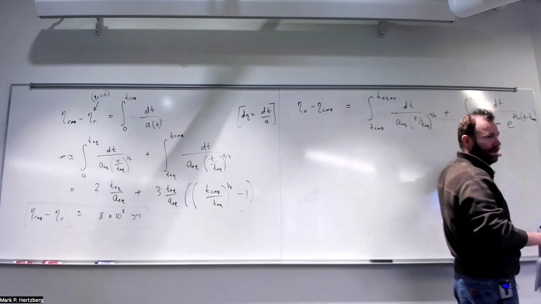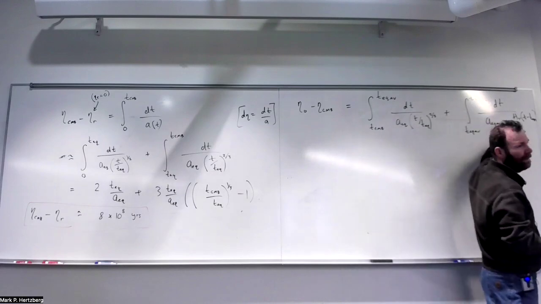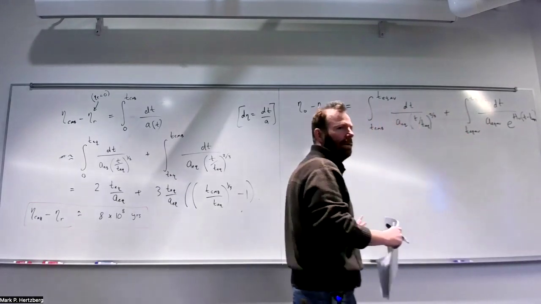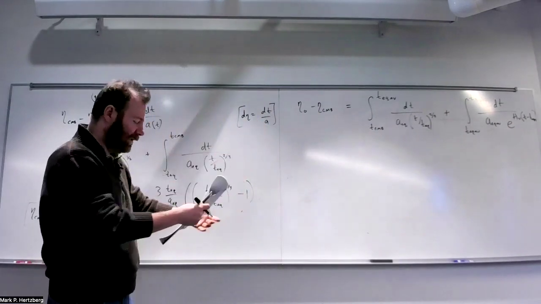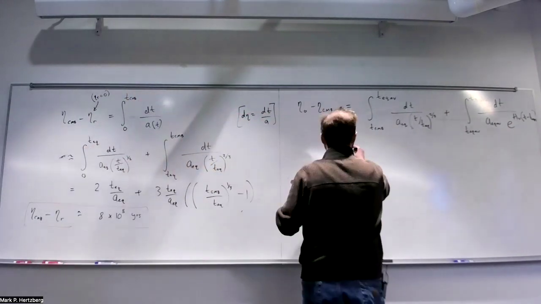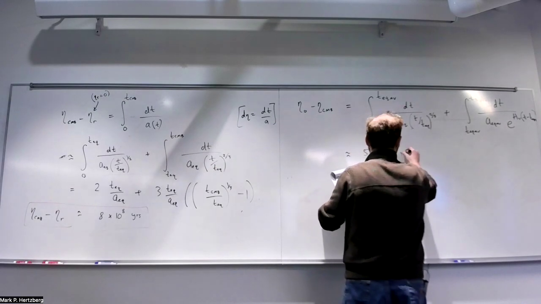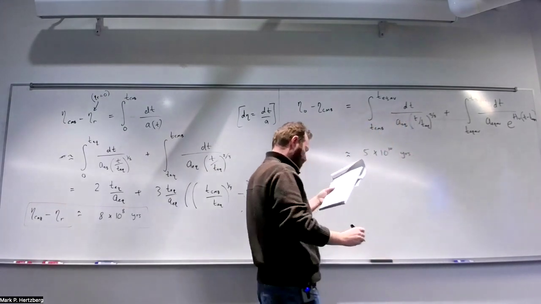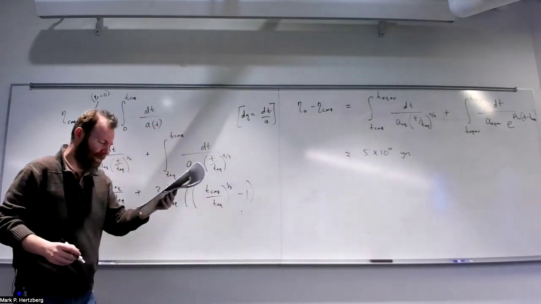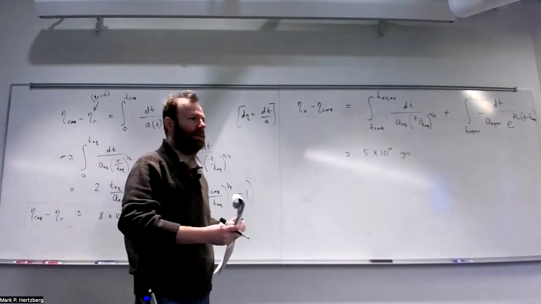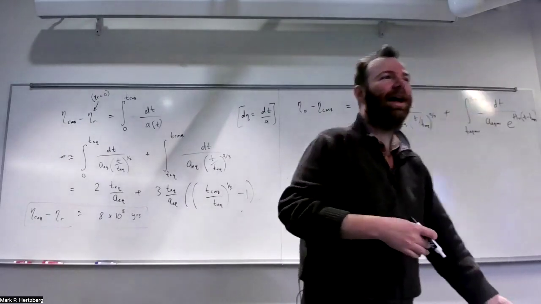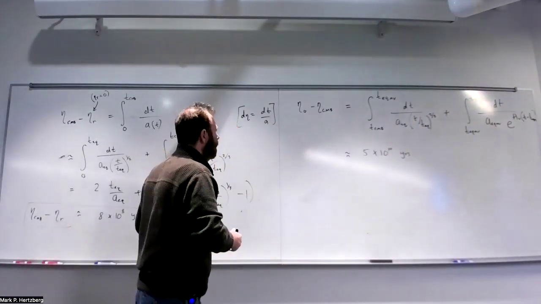We know all the numbers. This is basically today's Hubble value. Is that all right? So you can just do the integral. And this one comes out to about 5 times 10 to the 10 years. Yeah, 50 billion years. So again, a bit longer than regular time.